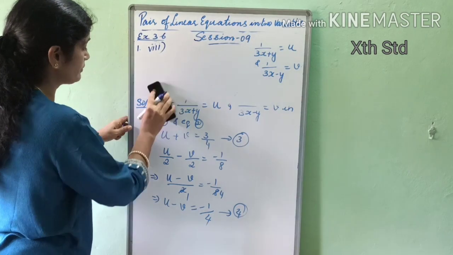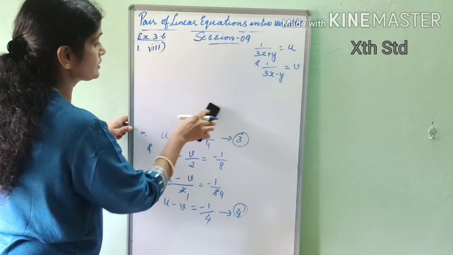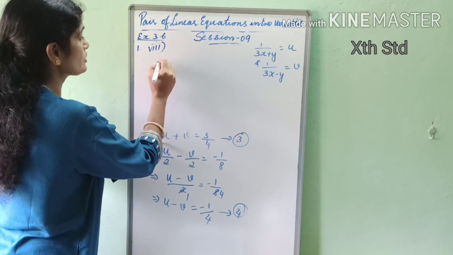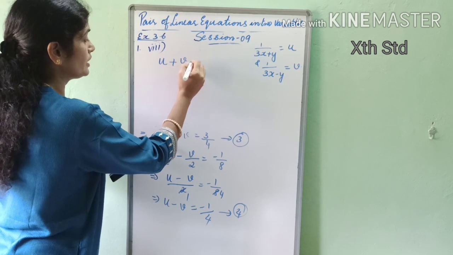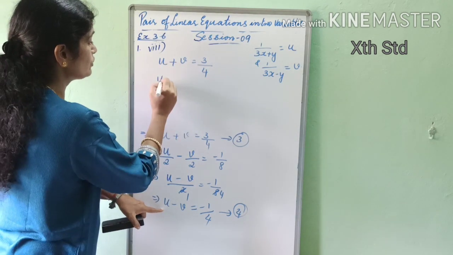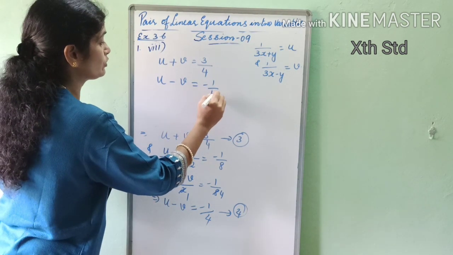So the remaining part I will write. Equations 3 and 4 we have to solve, no? Equation 3 is u plus v equal to 3 by 4. And equation 4 is u minus v is equal to minus 1 by 4.